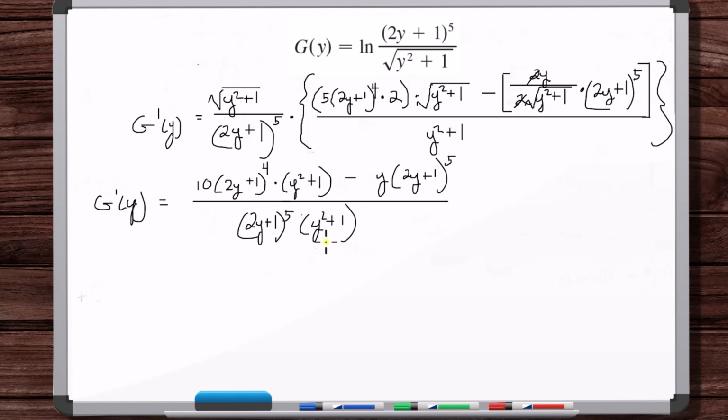Okay, so now what we can do is separate this into, well, actually, let's factor out a (2y plus 1) to the 4th.